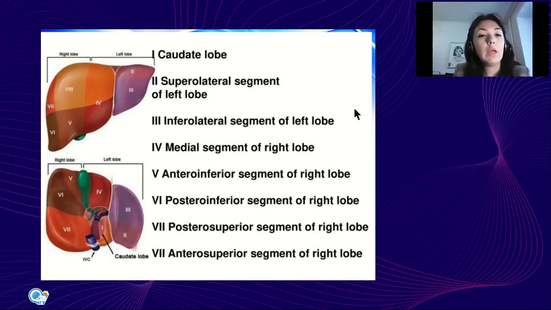So the following segments are distinguished. Caudate lobe, the first segment, then the superolateral segment of the left lobe.